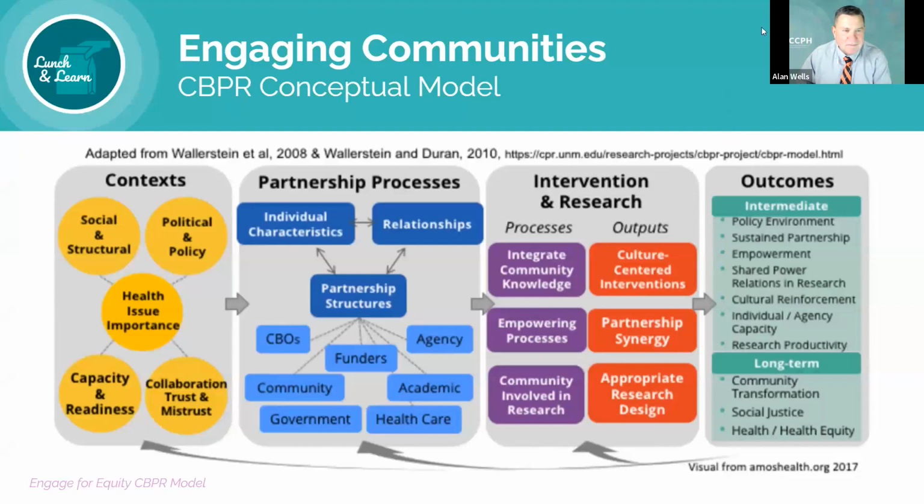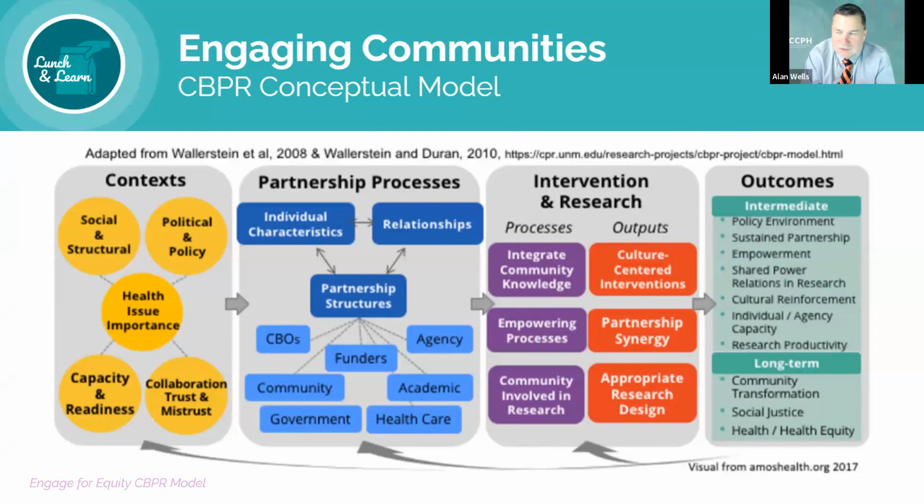Engaging communities, one thing we often think is useful is a conceptual model or a logic model that follows a process from one step to the other of how to build community-based programs. Begin with context: your social and structural context, your health issue of importance, the assets in the community, the readiness of the community, the collaboration and trust, the types of partnerships you're working with.